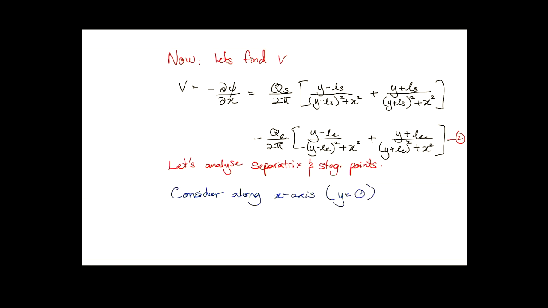If I do that for equation 2, what's my vertical velocity v going to be if I substitute y equals 0? This is 0, this is 0, and all the other terms contain y.